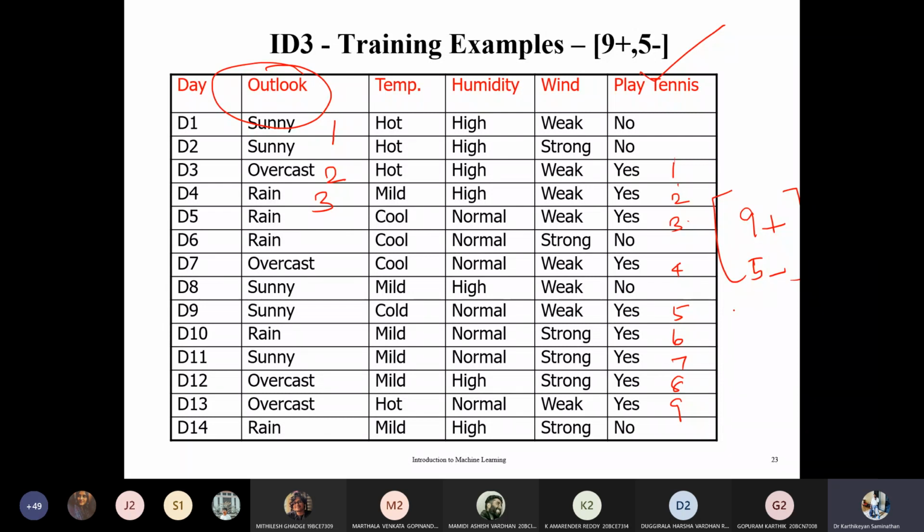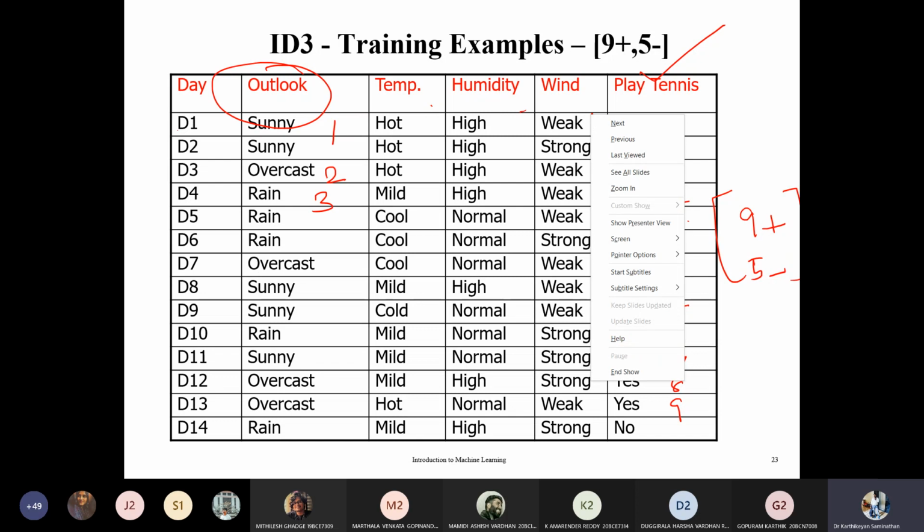So 9 plus 5 is 14 hypotheses. Based on that you can do the same calculation. First you try for outlook, then temperature, then humidity, then wind. So totally 4 classifications we need to do.